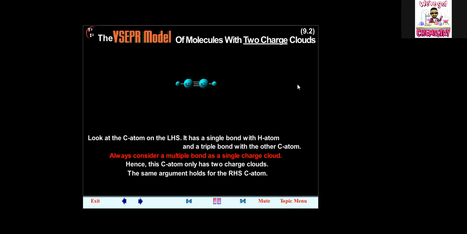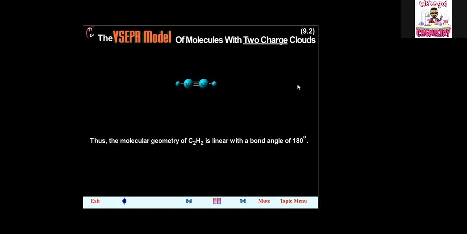The same argument holds for the right-hand side carbon atom. Thus, the molecular geometry of C2H2 is linear, with a bond angle of 180 degrees. Other molecules having this geometry are CO2, HCN, etc.